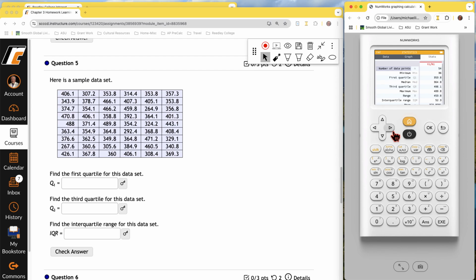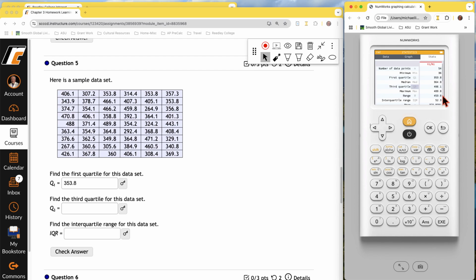If I've got it all entered in well, I'll get it. So the first quartile, Q1, is given to me as 353.8. Now, if that's not correct, it's because I may have entered something wrong. The third quartile, Q3, is hard to see.